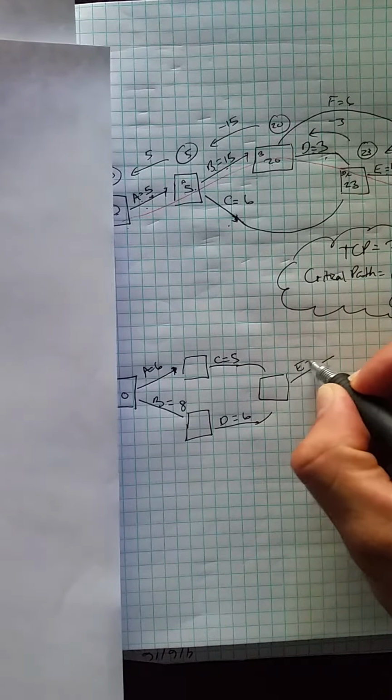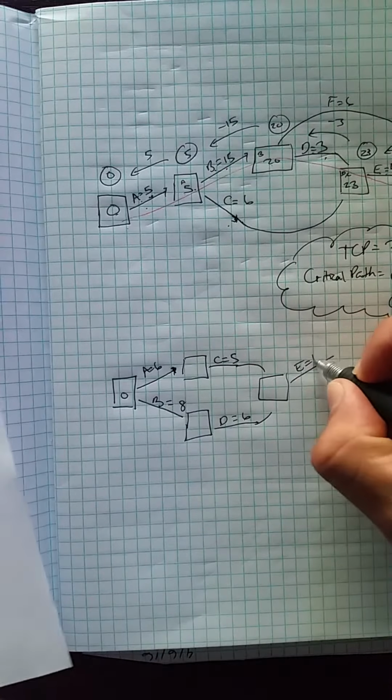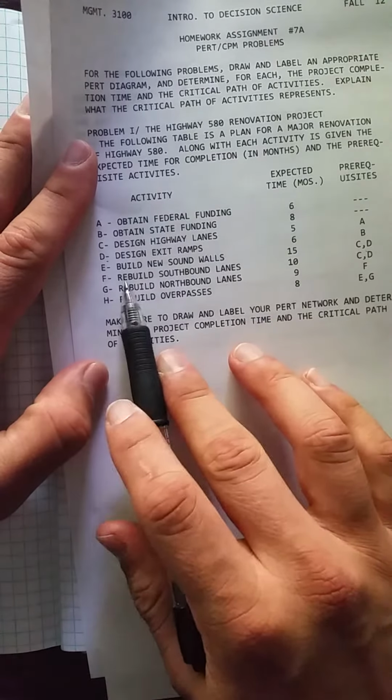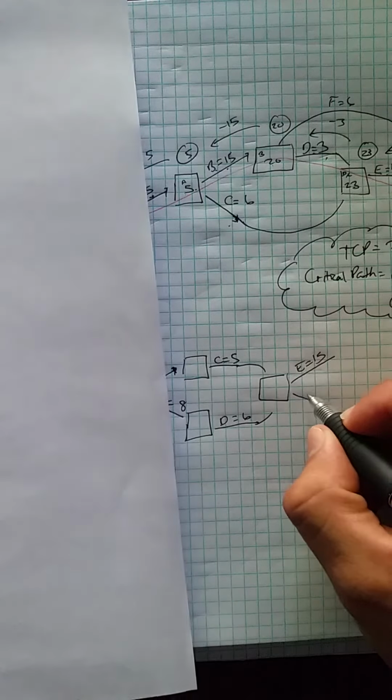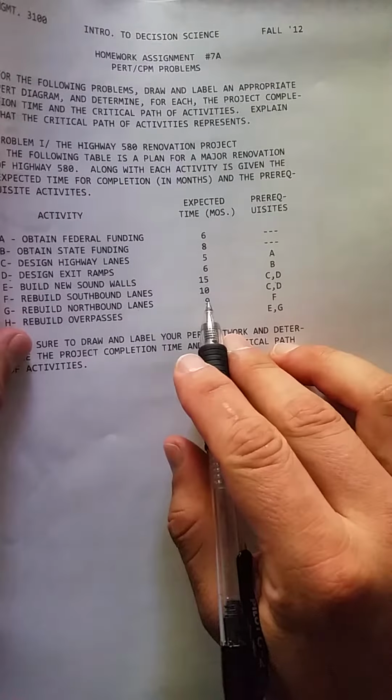And we also see that F is also a prereq of C and D, so you just branch off the second one here, and that's going to be 10.